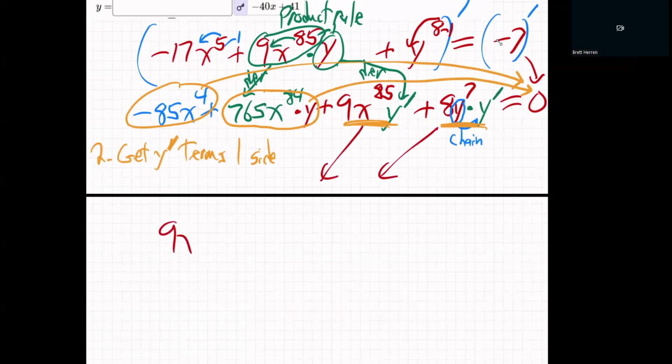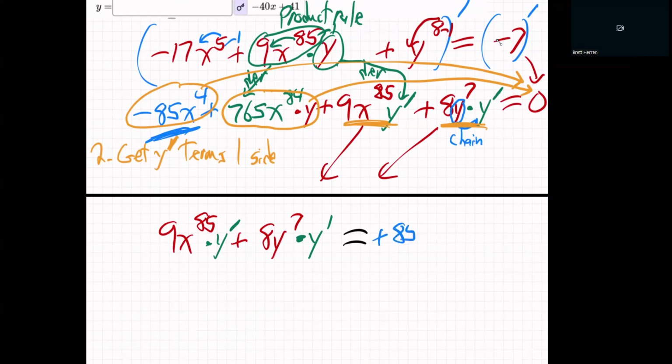We got 9x to the 85th times y prime plus 8y to the 7th times y prime. And now on the other side, this guy jumps over, so he becomes a positive 85x to the fourth. And this guy jumps over, becomes a minus 765x to the 84y.